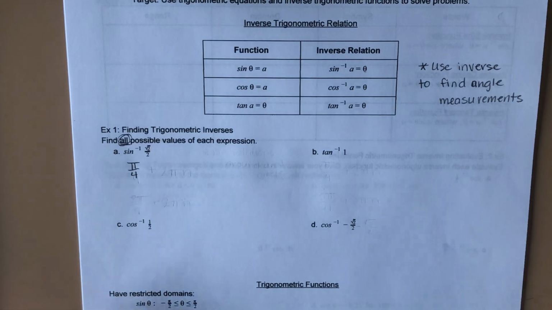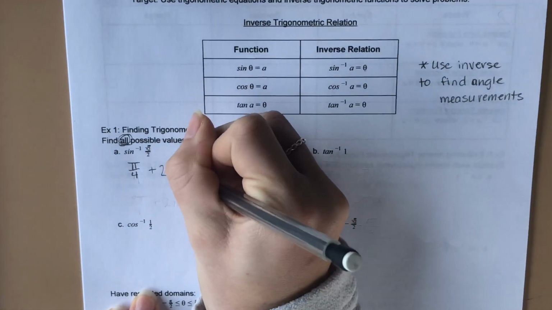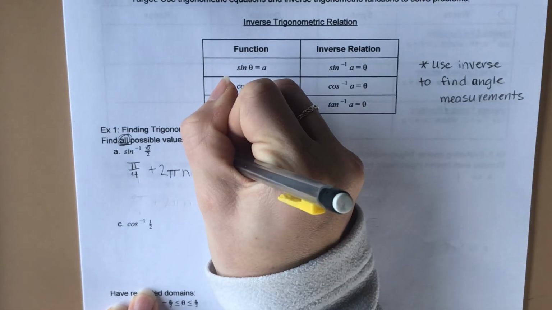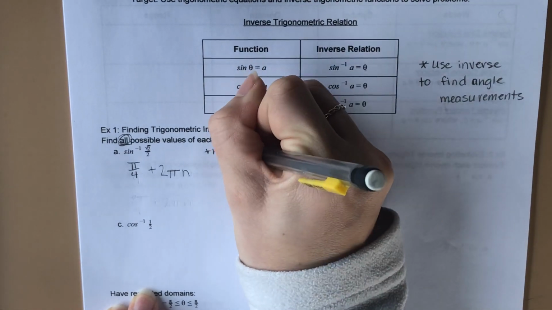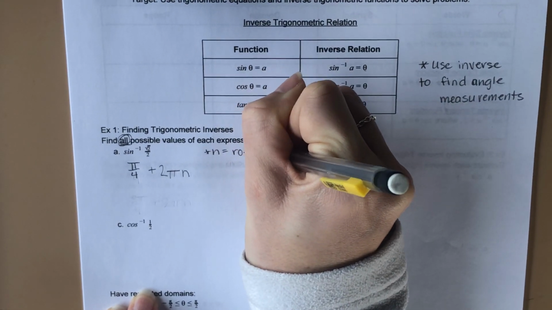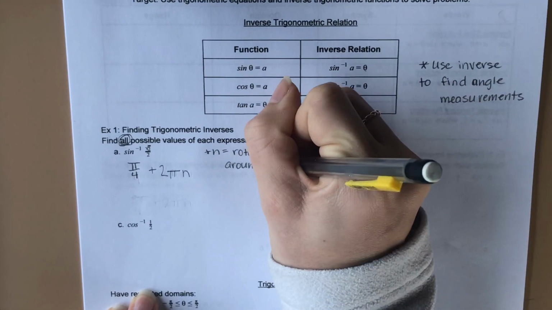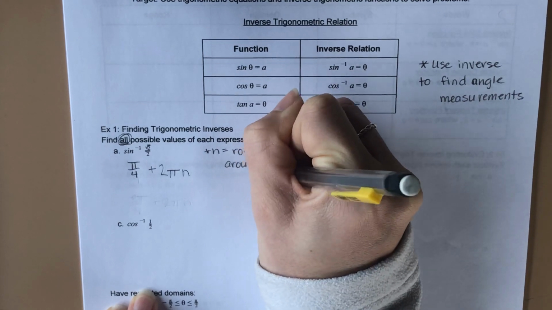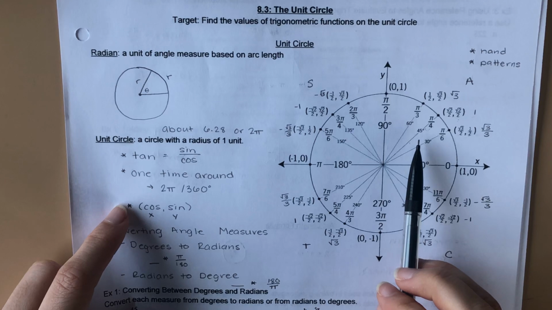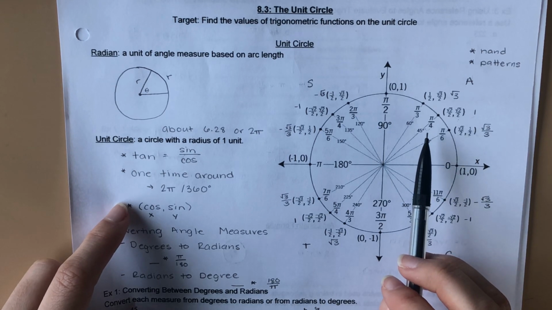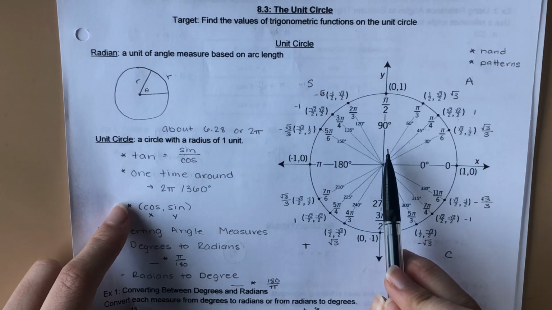So how we're going to indicate this is by adding 2 pi n, and n is going to represent rotations around the unit circle. That is how many times I'm going around. So if I say pi over 4 plus 2 pi times 2, I'm going around 2 times.